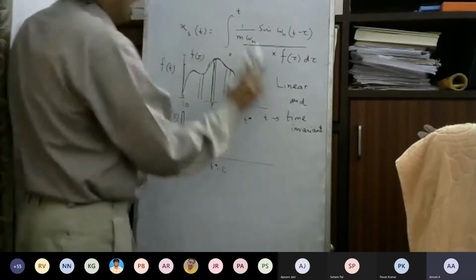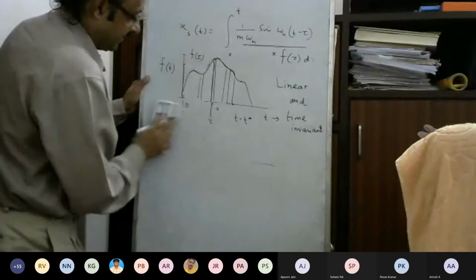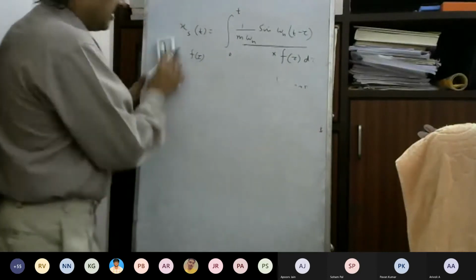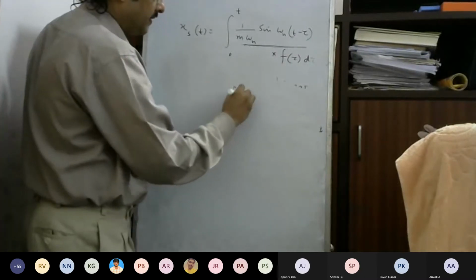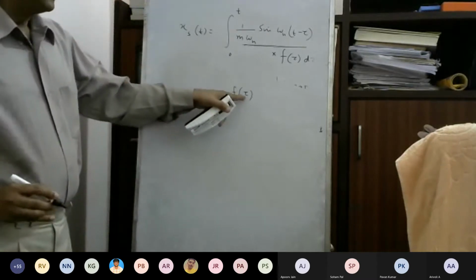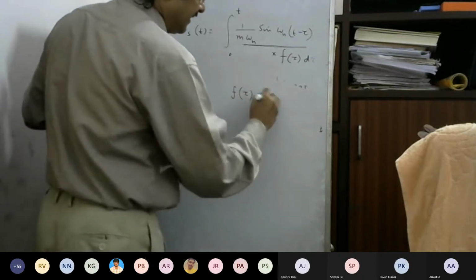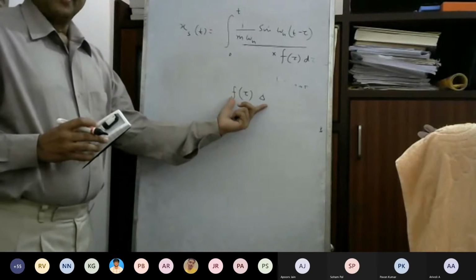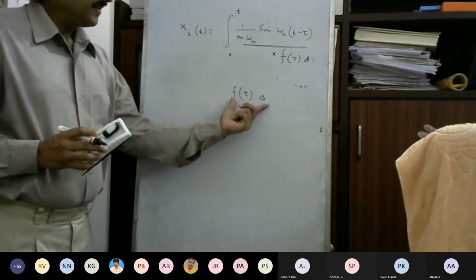So now I am calculating the force. The contribution due to the force at t equal to tau, and let us say delta, is the impulse given.